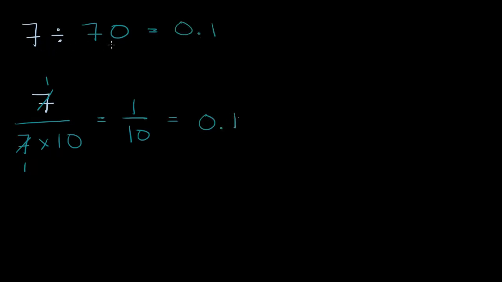Another way to think about it, and really this is what we wrote over here, is that if you're dividing by 7 times 10, this is going to be equal to 7 divided by 7 divided by 10.